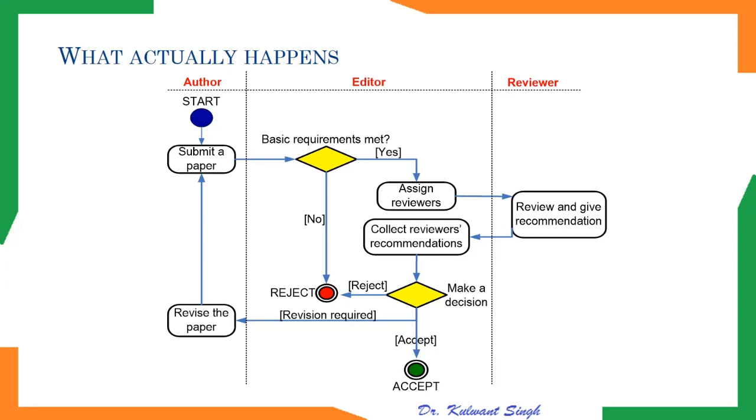For a journal, there may be a minimum of 2 reviewers for your paper, maximum may be up to 5 or 6. That depends upon the standard of the journal. But a minimum of 2 reviewers review your paper.